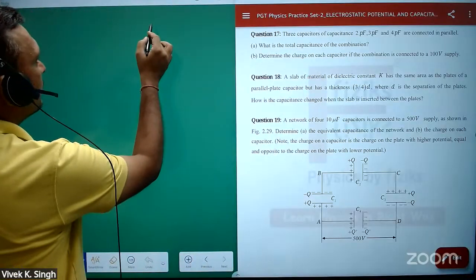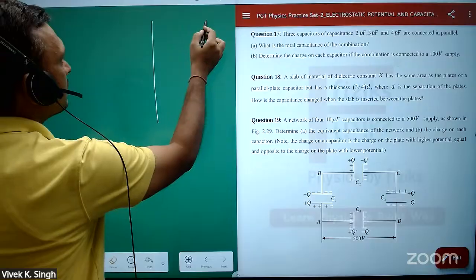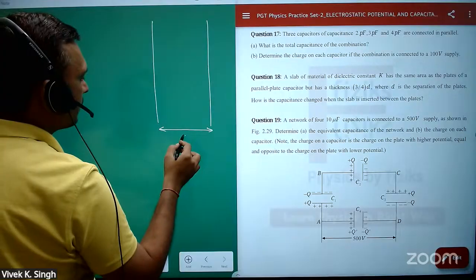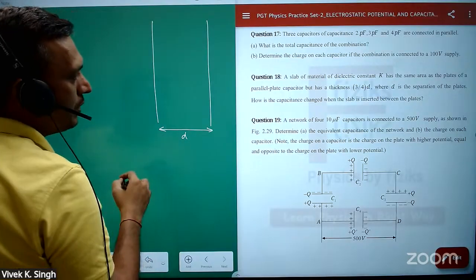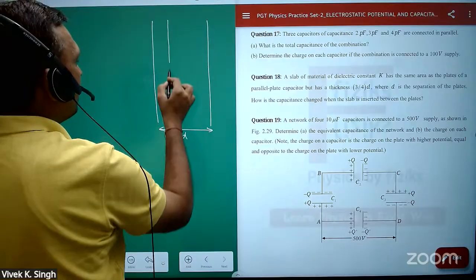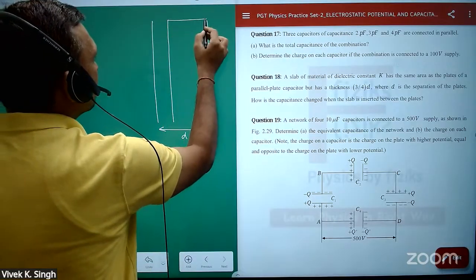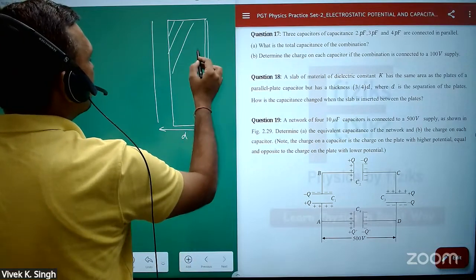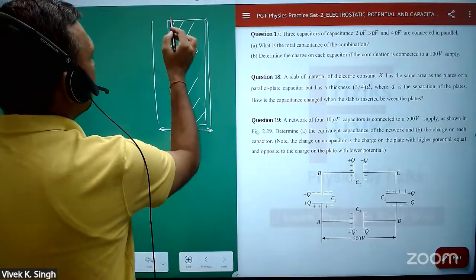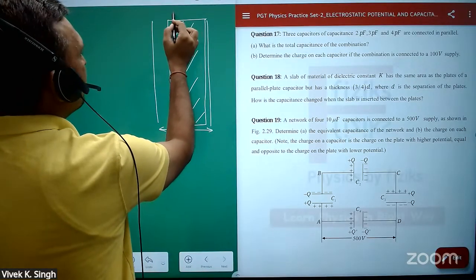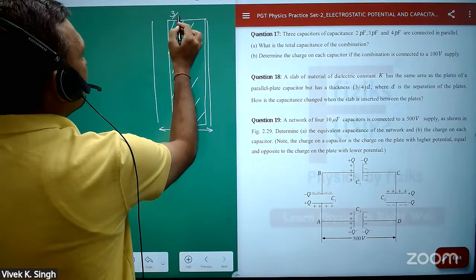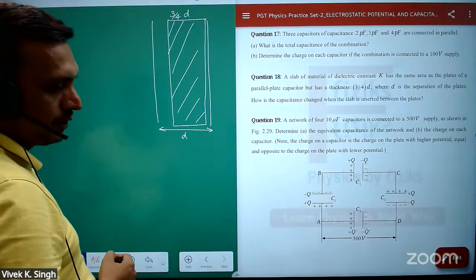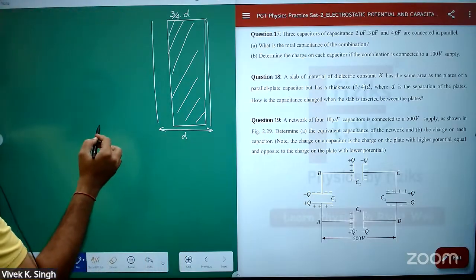Now this is the parallel plate capacitor. This separation is D. Now you have inserted a dielectric having thickness 3 by 4 D. So how will the capacitance change?